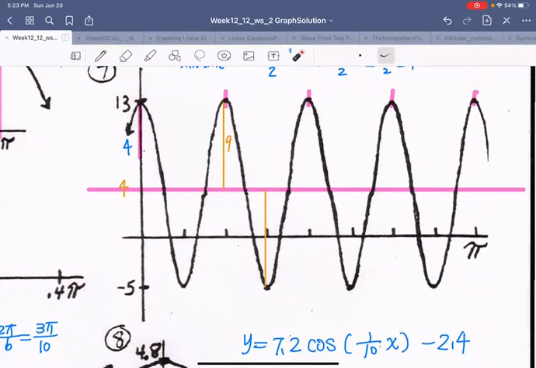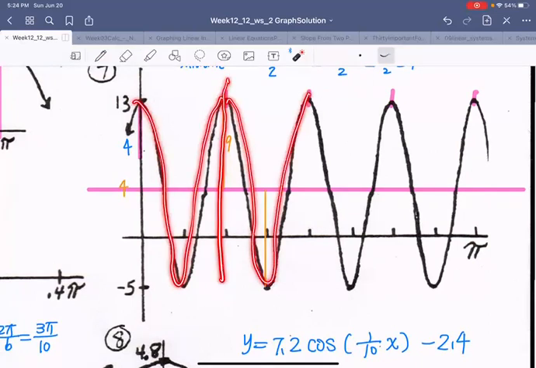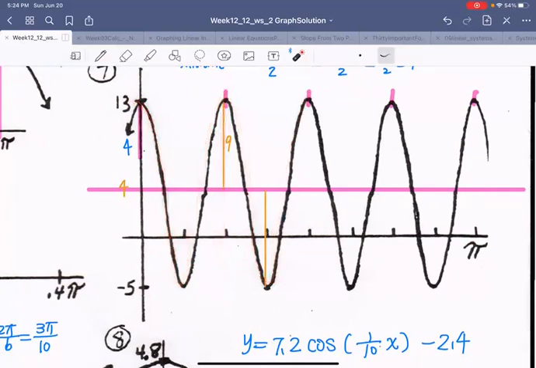Okay, so we have 8 increments between 0 and pi. And so one repeating segment would be one period here, 1/4 pi. You have 1 period, 2 periods, 3, and 4.